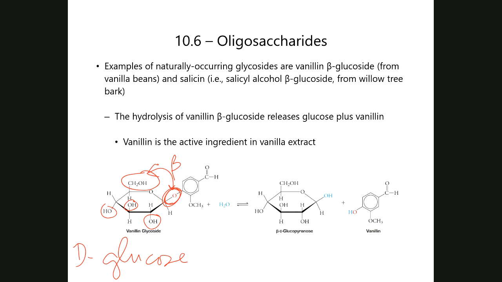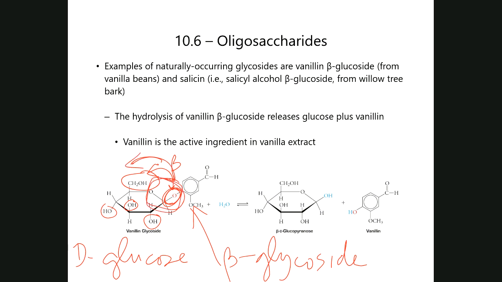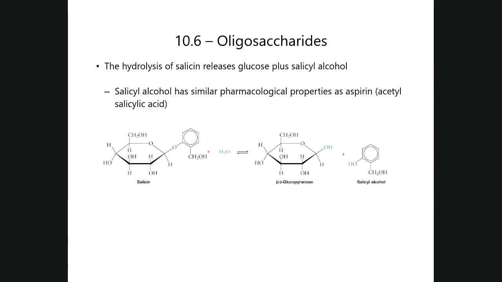So now we can speak of this as a beta glycoside because the linkage that is the acetal over here is part of a beta anomer, of two possibilities. That vanillin piece can be up or down. Because it's up in the same direction as the CH2OH, that's a beta linkage, and we call that a beta glycoside, okay?